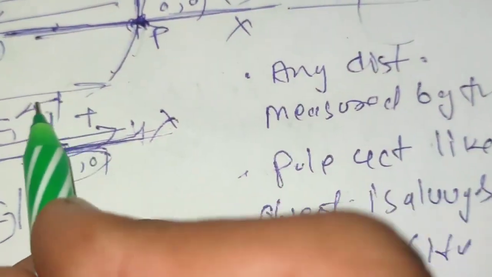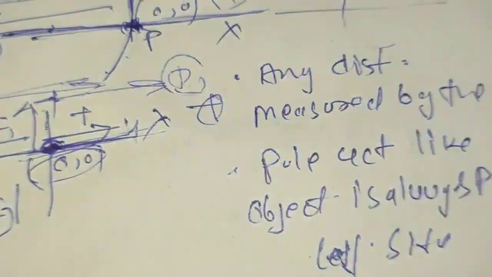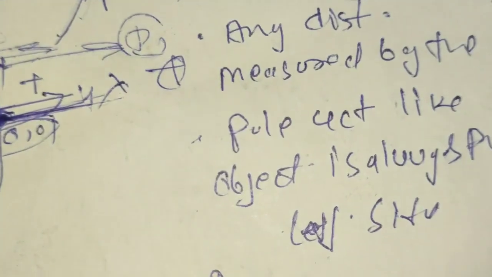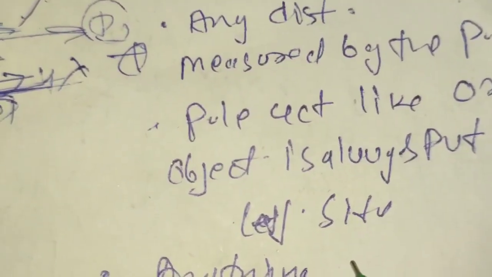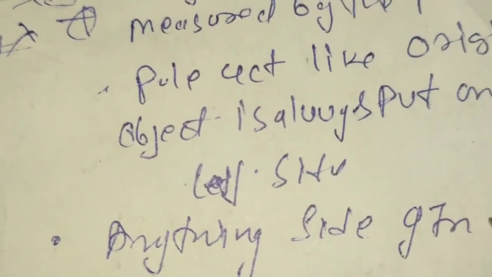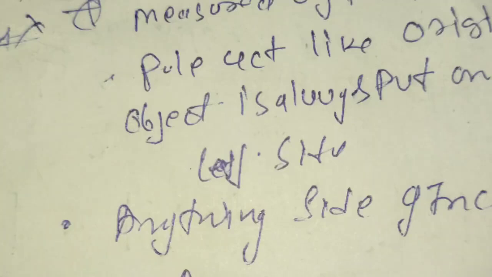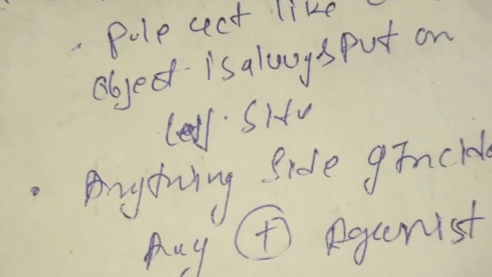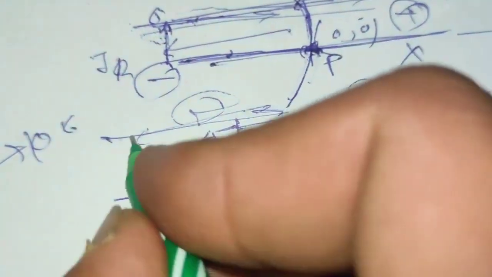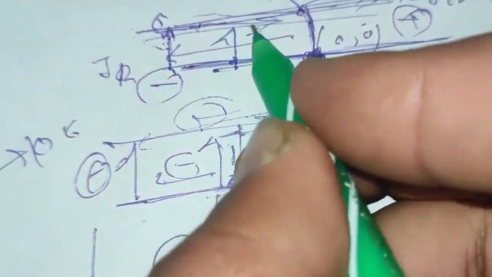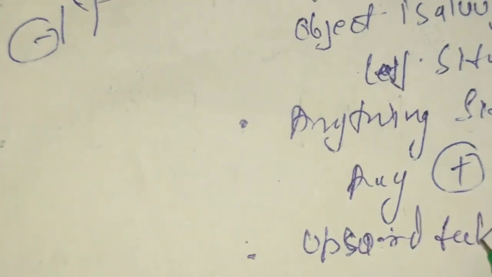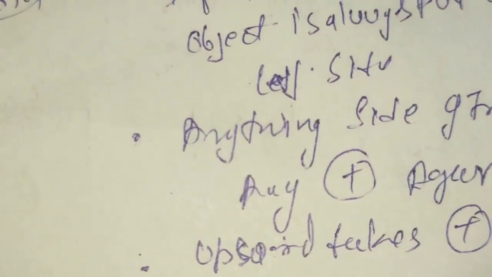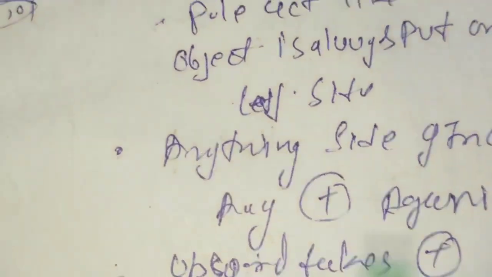Similarly, upside is positive and downside is negative. So the object height upward is taken as positive, and downward as negative. This is the overall meaning.